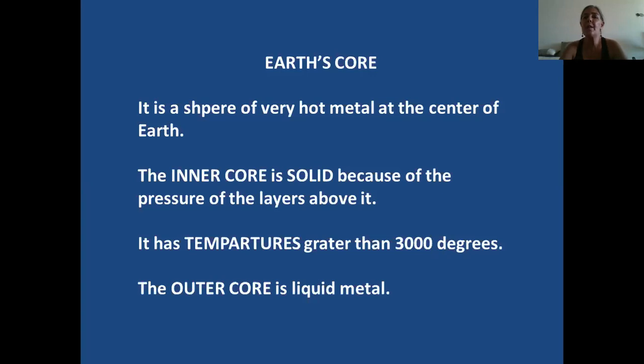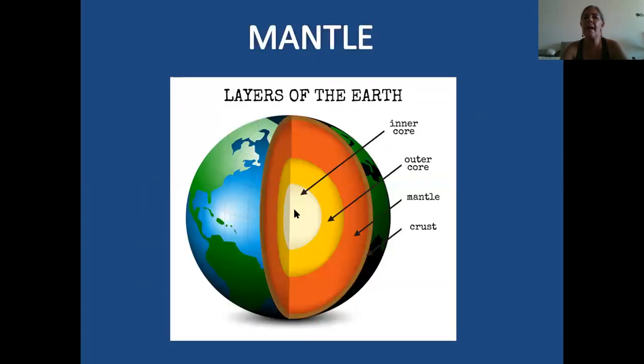The inner core is solid because of the pressure of the layers above it, and it has temperatures greater than 3,000 degrees. The outer core is liquid metal, but both together are considered to be the Earth's core.